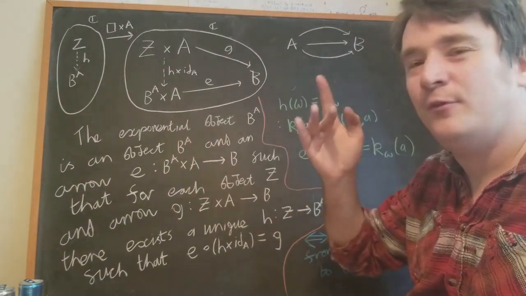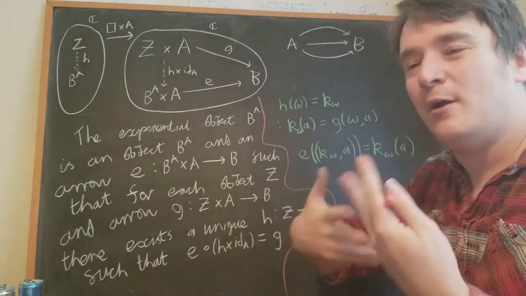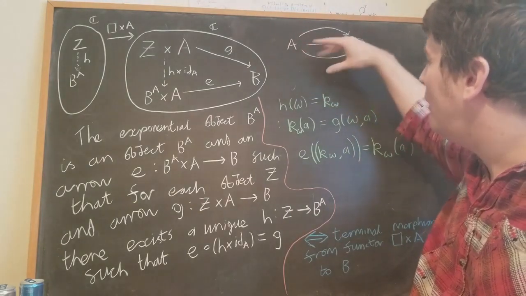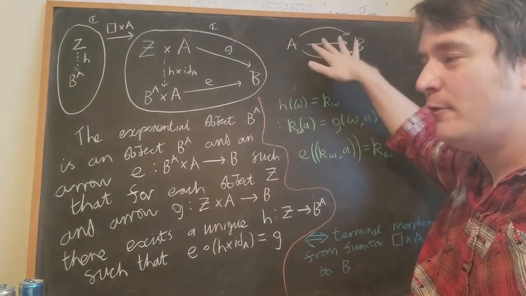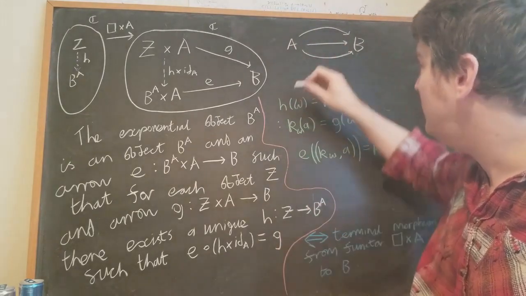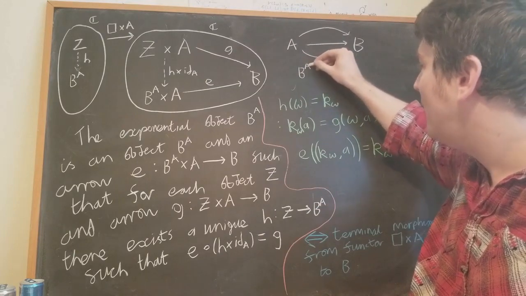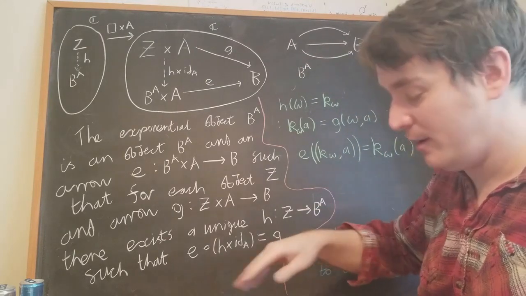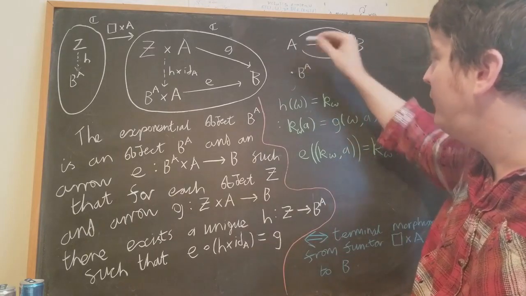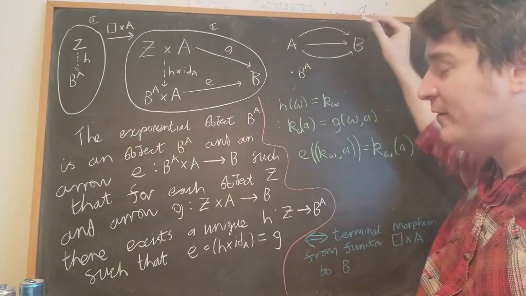But sometimes there's a curious kind of self-referential thing going on where there may be another object which actually also represents that collection of arrows. And if there is such an object, we usually call it B to the power of A.